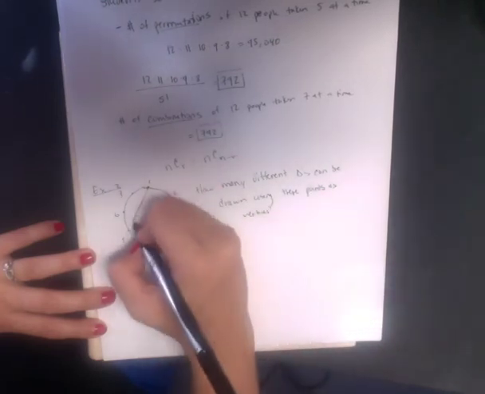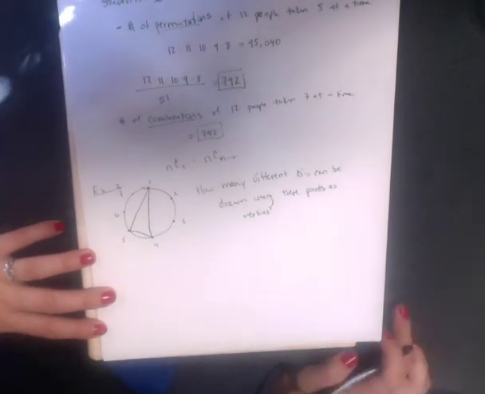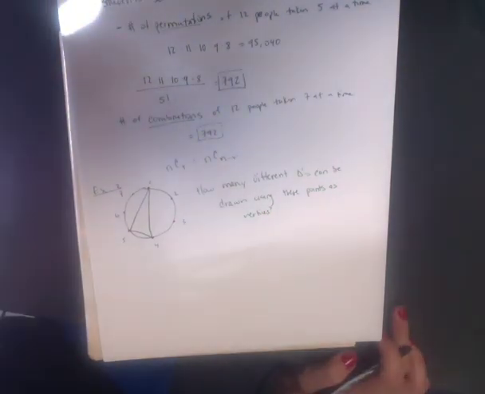Here's an example of one triangle. Okay, we want to know how many can be drawn.